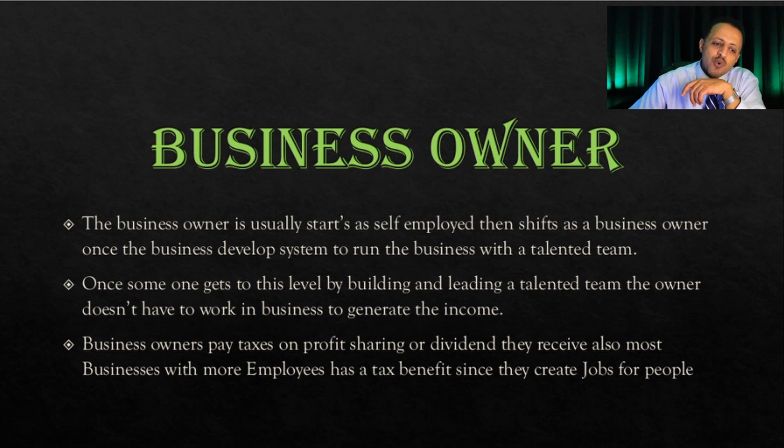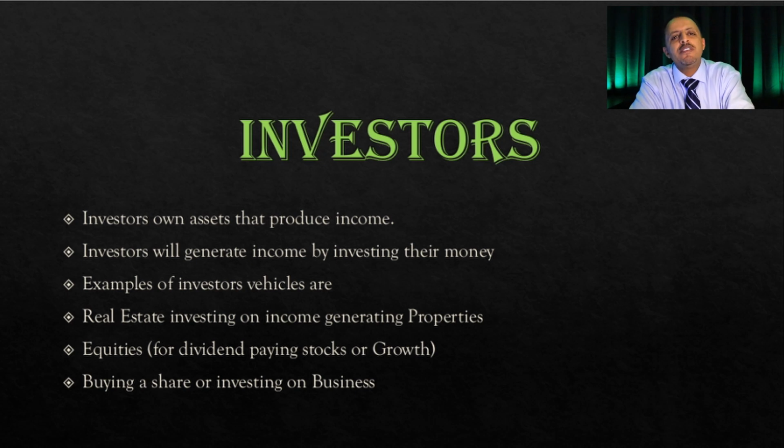Then the fourth quadrant we're going to talk about is the investor. An investor is someone who owns an asset that produces income. An investor will generate income by investing their own money.